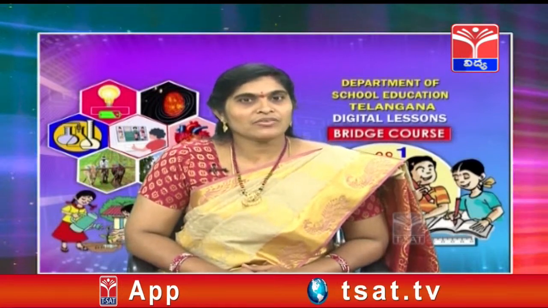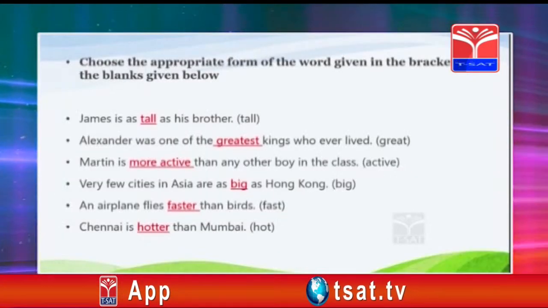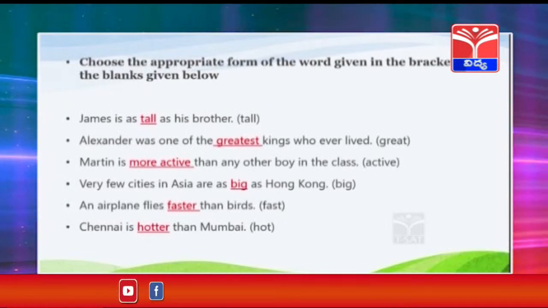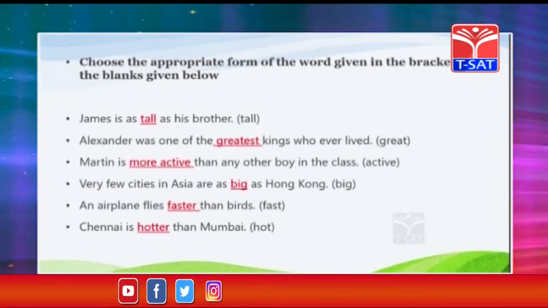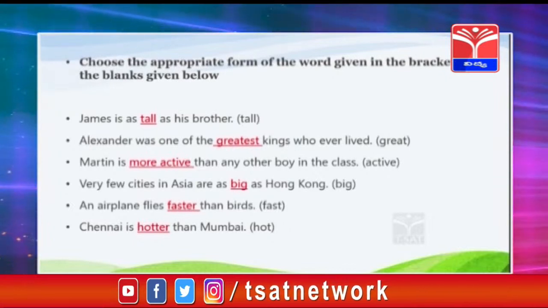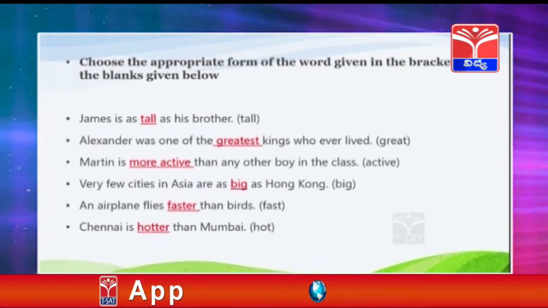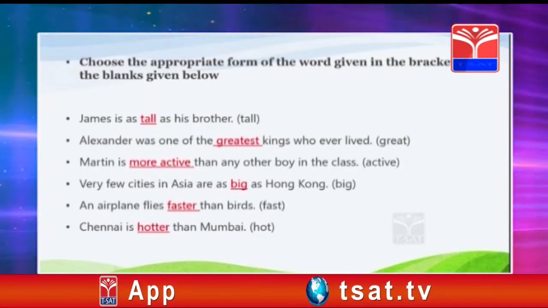Okay. Here we are with our exercise. James is as tall as his brother. If you see here, children, there is no word than to use the comparative degree and there is no article the in the sentence to use as a superlative degree.